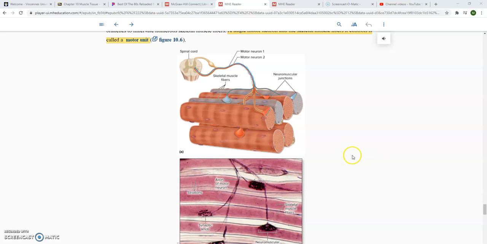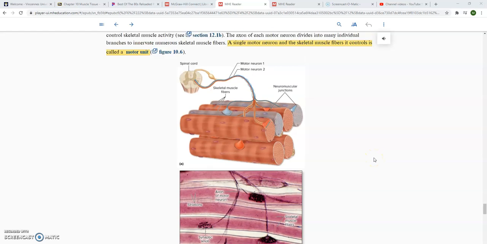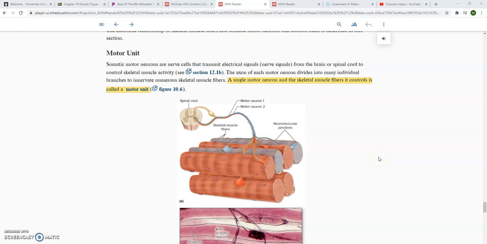We have less control, but we don't need as much precise control there as in other areas of the body. So motor units vary in size, and the size difference is just how many skeletal muscle fibers or cells they innervate. If they innervate a lot, they're considered a large motor unit. If they don't innervate that many, they're considered a small motor unit.